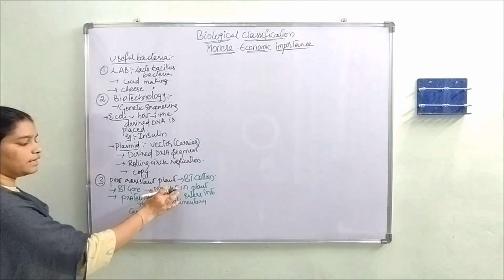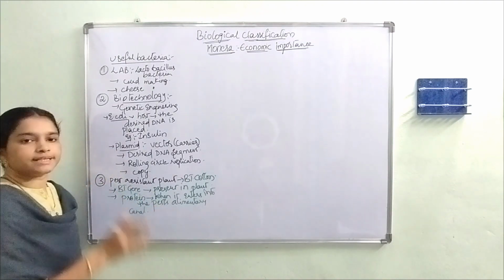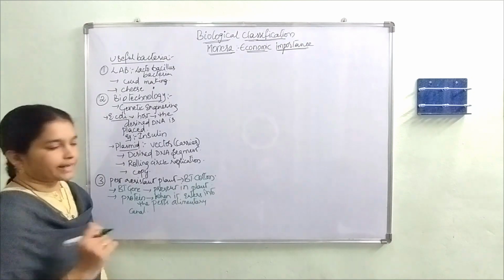So it is inactive when it is present in the plant, and it gets activated and kills the organism when it enters the alimentary canal of the organism.